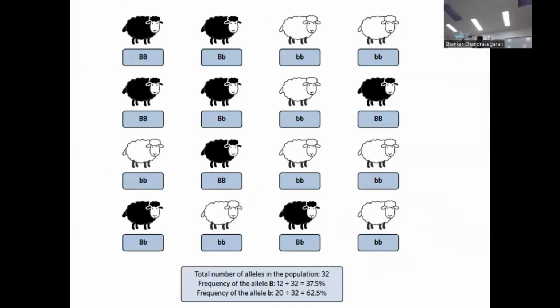For example, all these different sheep have different genotypes at locus B. This one has a genotype where both are recessive alleles. This one has a genotype where both are dominant alleles. This one has a genotype where one is dominant and one is recessive. So that's how you should be referring to it. The genotype is the genetic makeup.